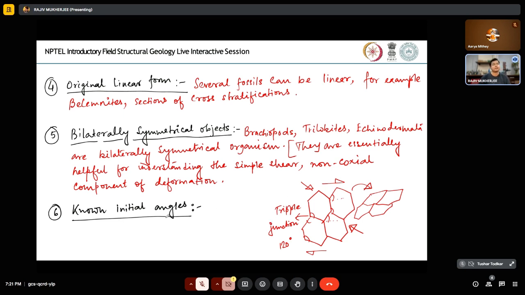Other than that, we can also have cross beddings. The angles in cross beddings are particularly constant if you keep the energy condition of the fluvial environment constant. You can obviously have mud cracks.